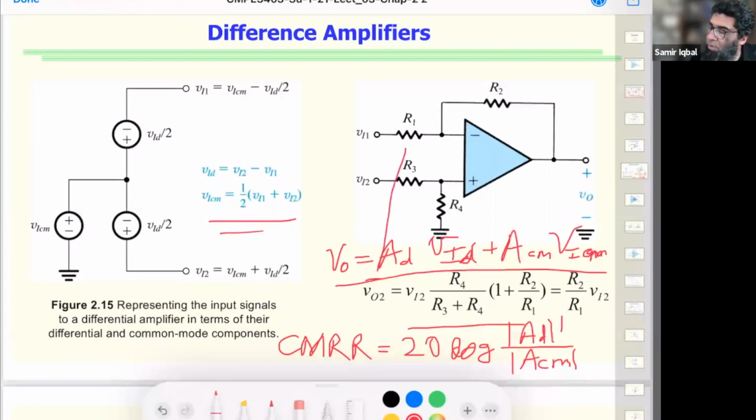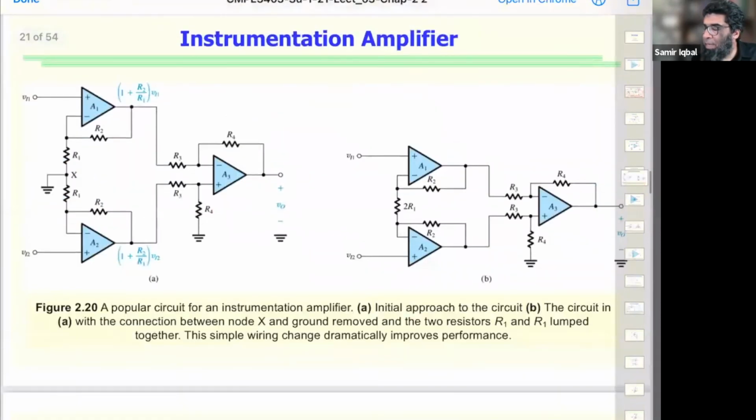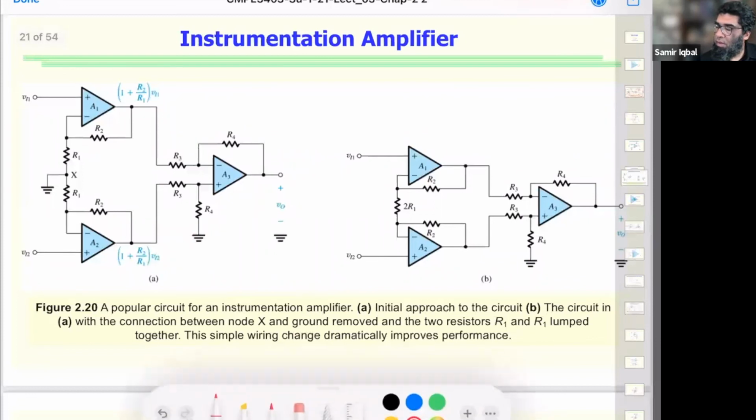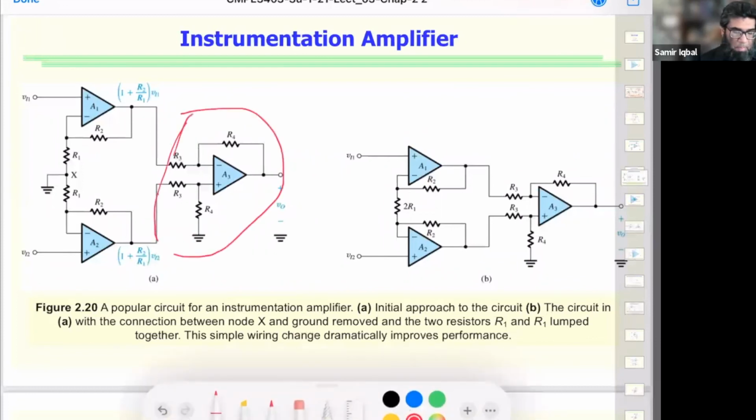All right, so questions. Another application is the instrumentation amplifier, where again we are using a differential amplifier with low input resistance. This one is the voltage follower between the two input terminals, and what we get is voltage gain, and we get to reject the common mode signal from these.